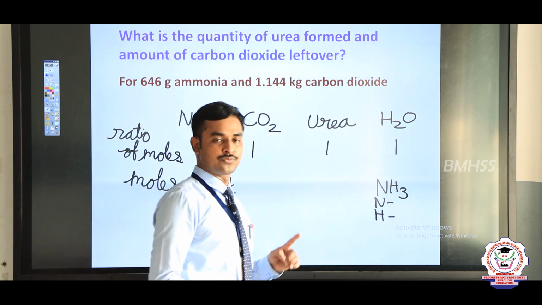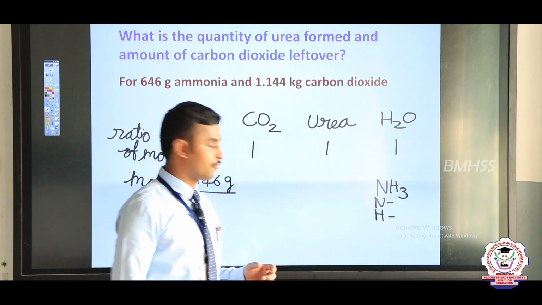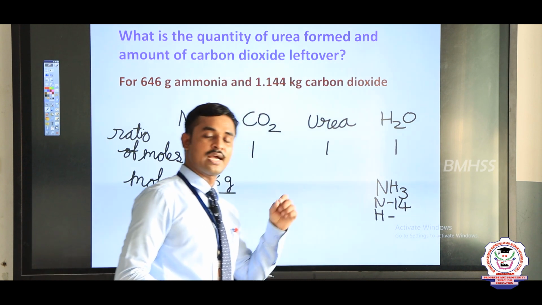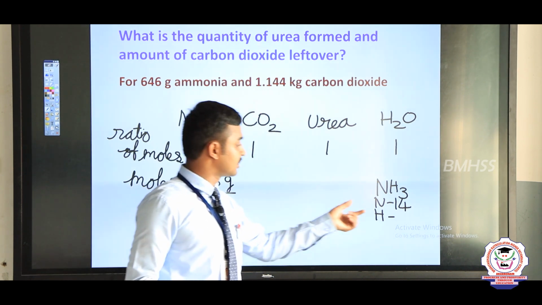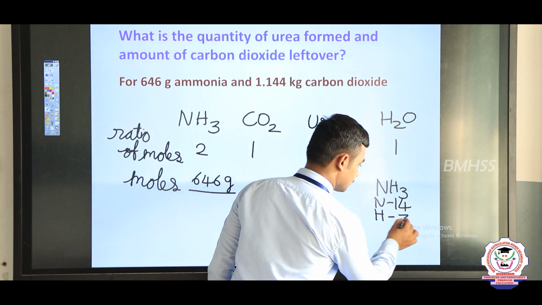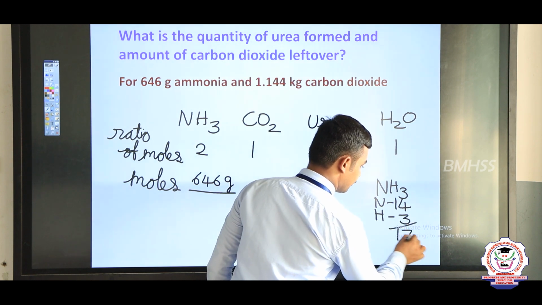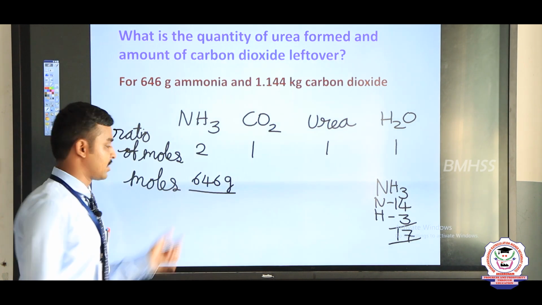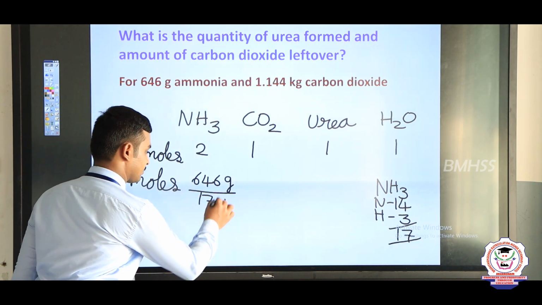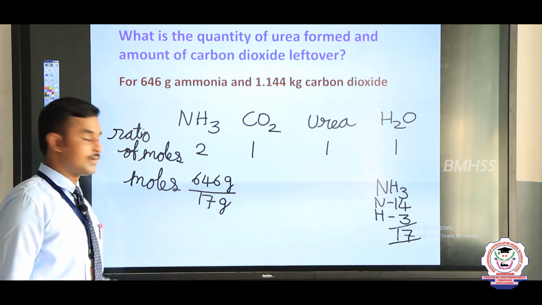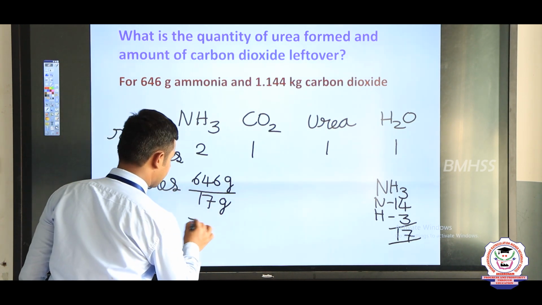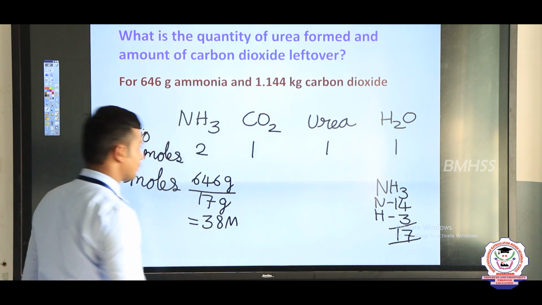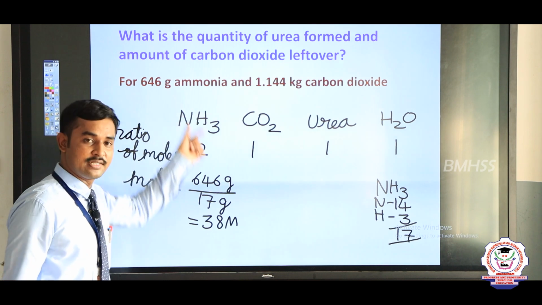The number of nitrogen is 1, the molar weight of nitrogen is 14, and the number of hydrogen is 3, 1 hydrogen has weight 1, so 3 hydrogen has weight 3. So, in total 17, so the molar mass of ammonia is 17 grams. When we divide this, we get the answer 38 moles. So, 38 moles of ammonia are taken in this reaction.